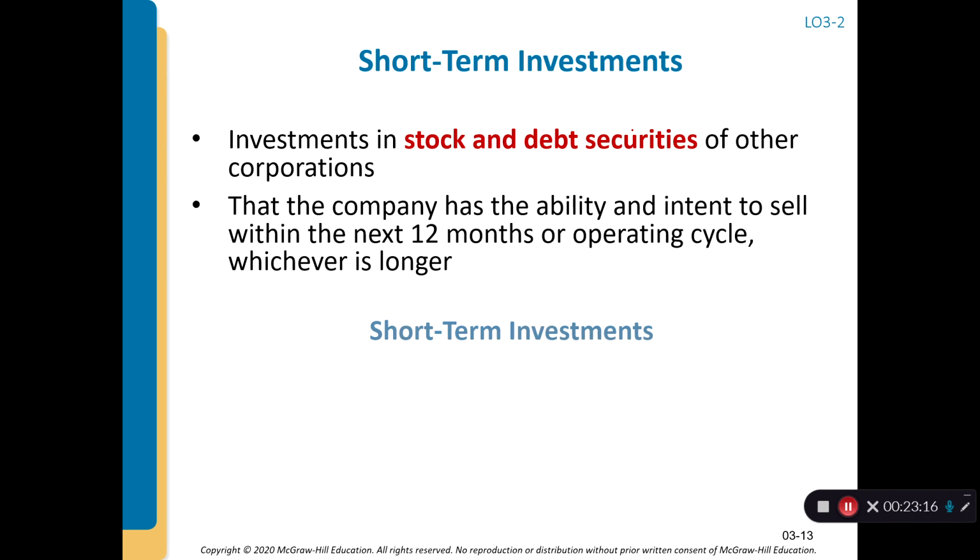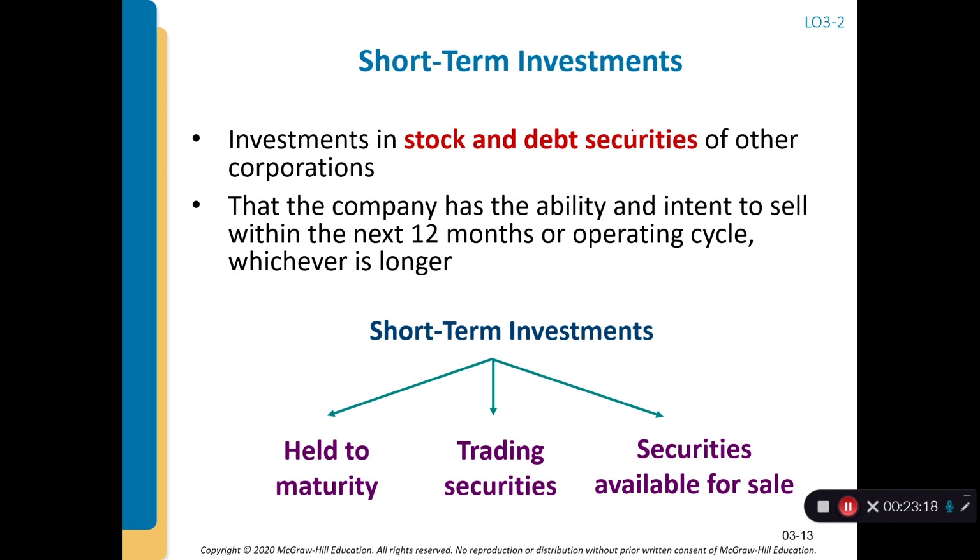Okay, the next thing we want to introduce is short-term investment. So an investment not classified as a cash equivalent that the company has the ability and intent to sell within 1 year is considered a short-term investment, okay.